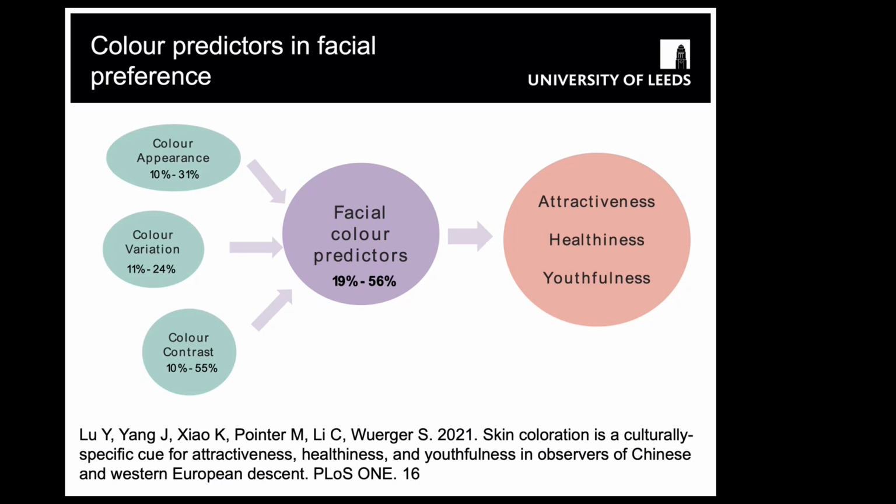If you consider each individual factor, average skin color can indicate between 10% to 30%, color variation 11 to 20, and color contrast 10 to 50. So we developed a model to map all these factors together so that we can predict between 20 to 56 as facial color predictors, which directly affect your facial color preference, the attractiveness, healthiness, and the visual age.